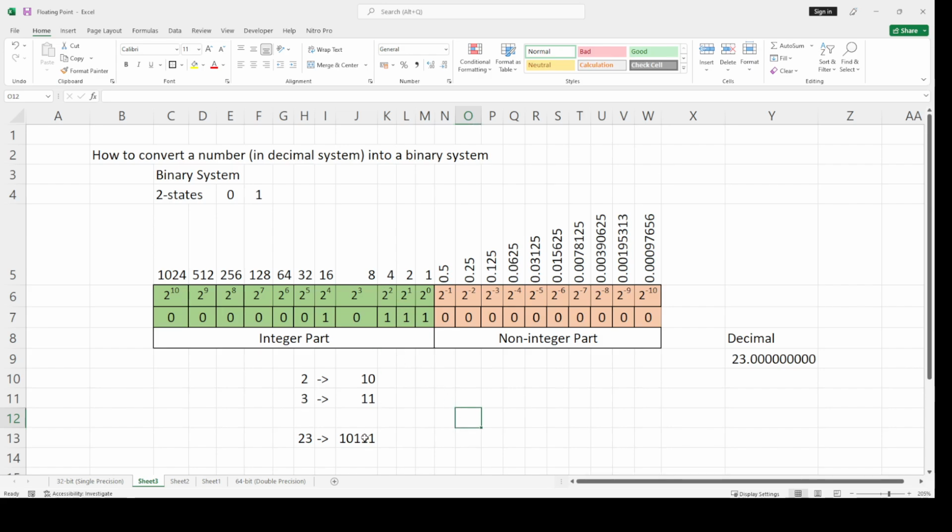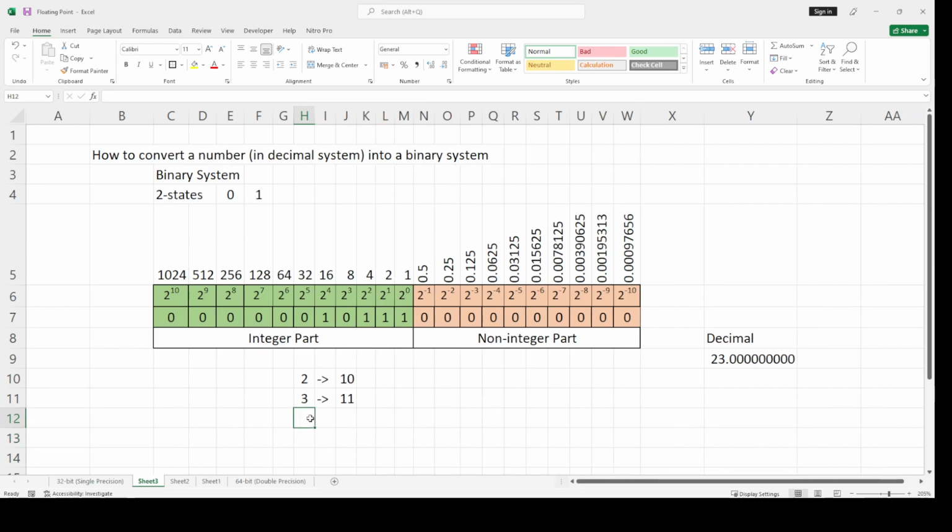So how about the non-integer part? Let's try 25.625.